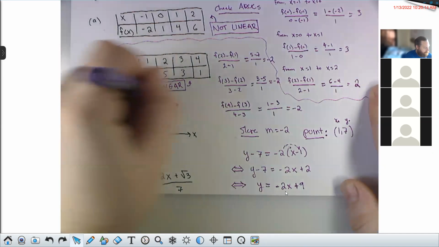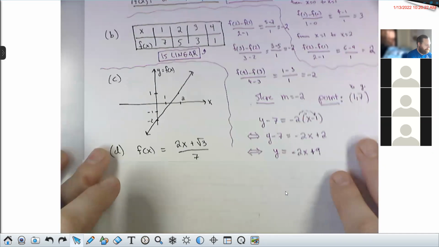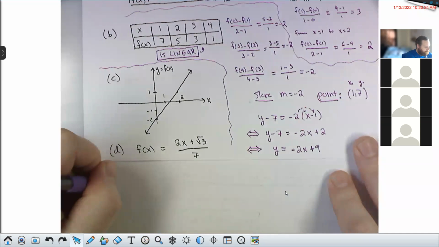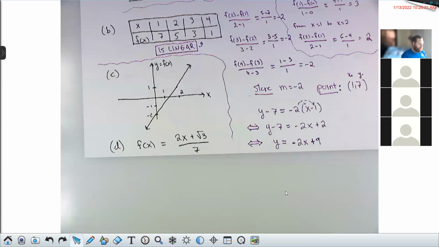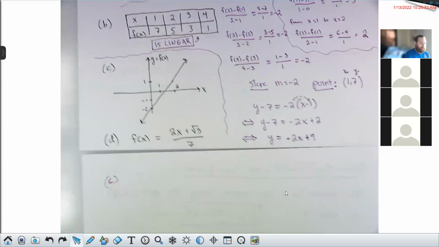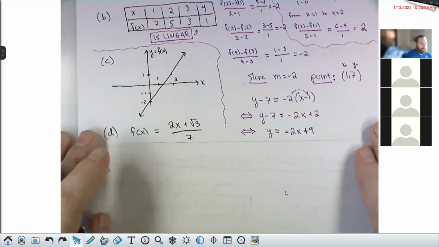I think part C and D I'm going to have to do on a separate sheet of paper. So for part C here, just looking at the graph, is that linear or non-linear? Good.